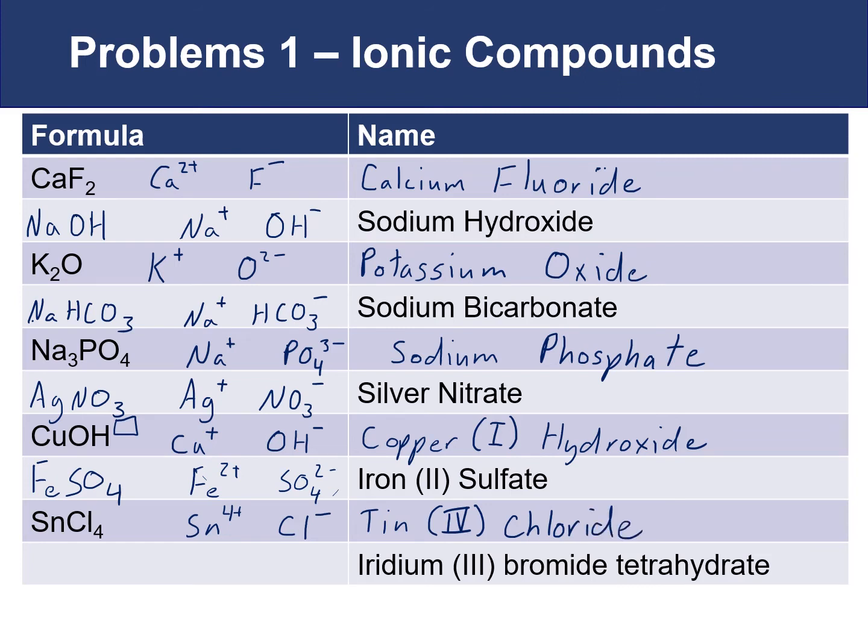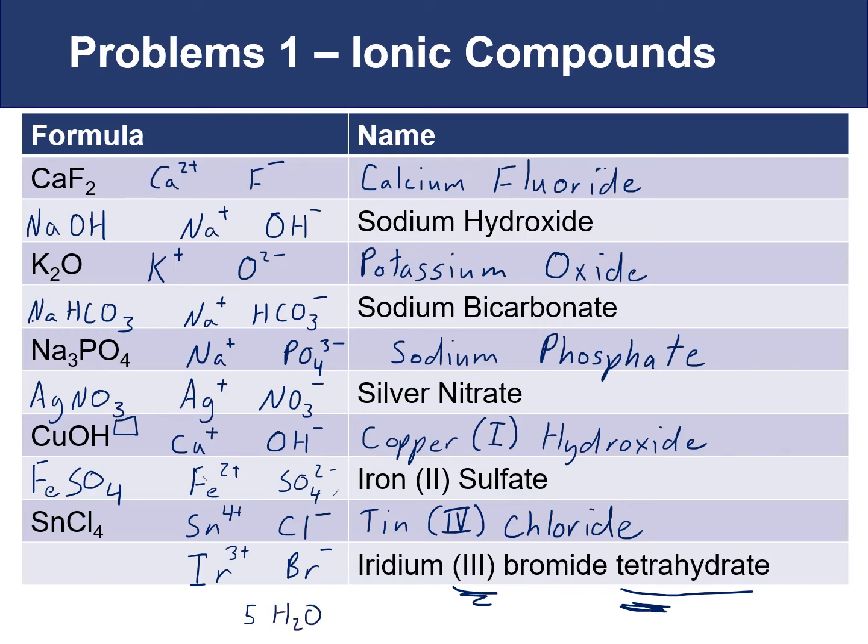Last one, iridium 3 bromide tetrahydrate. So in this case, we have a hydrate that we got to worry about. So iridium is Ir. We know the charge on it. It's a 3. Bromide is Br minus. And the last part is our hydrate is tetra, so there's 5 waters.